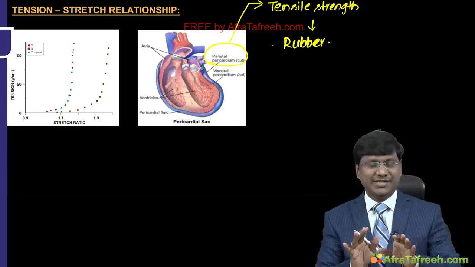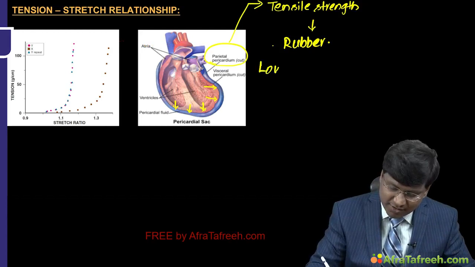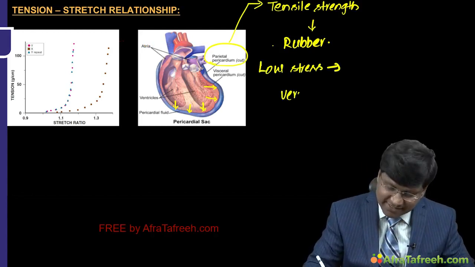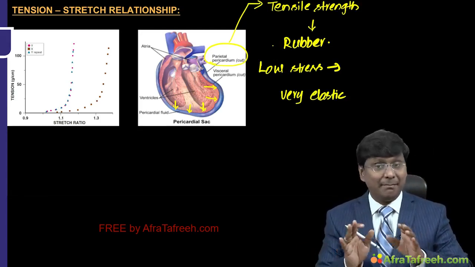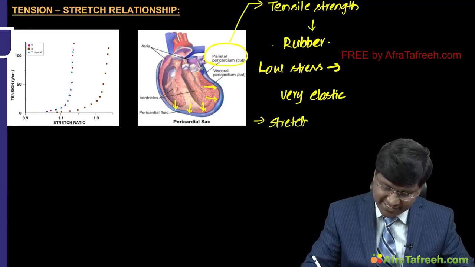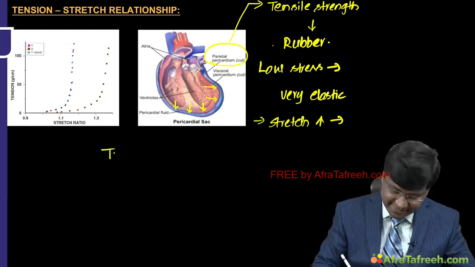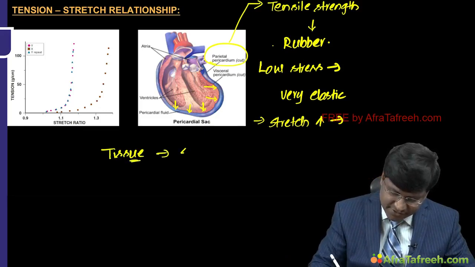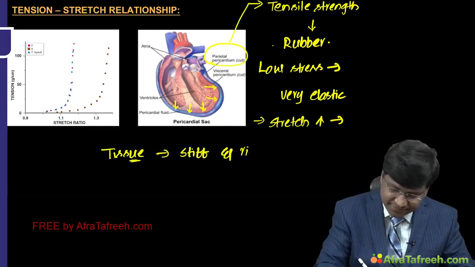So suppose there is a low stretch or low stress on the pericardium, remember the pericardium is very elastic when there is low stress. But as the stretch increases, what happens? The tissue abruptly becomes stiff, the pericardium becomes abruptly stiff and resistant to further stretch.